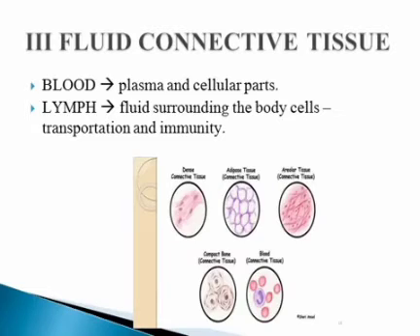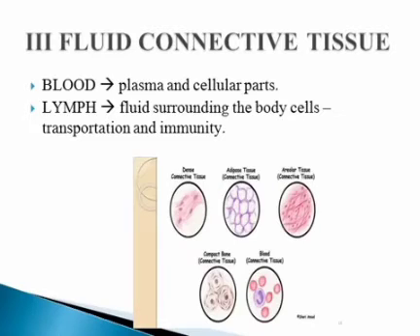Next is lymph. Lymph is a fluid surrounding the body cells. It contains white blood cells and not red blood cells. Both blood and lymph are mainly concerned with transportation and immunity.